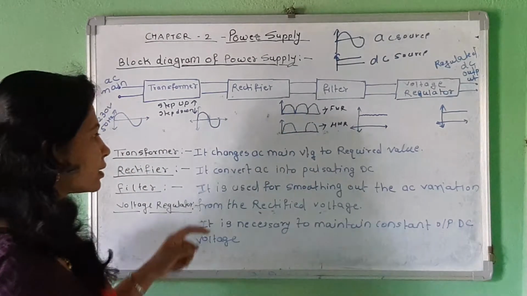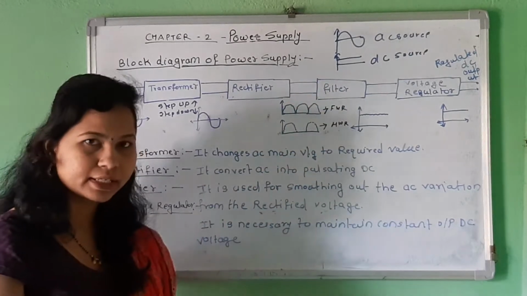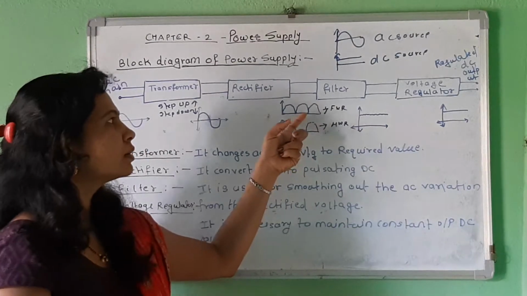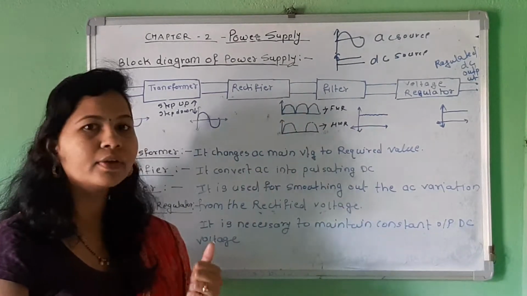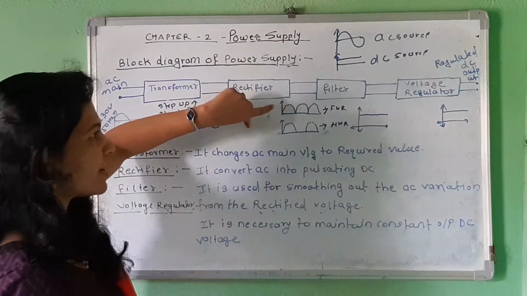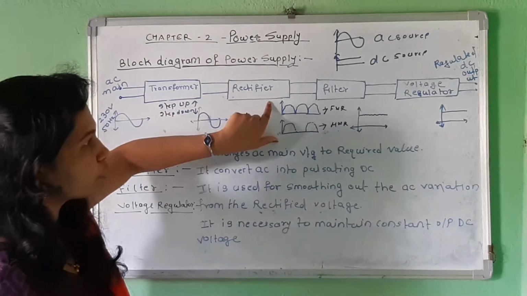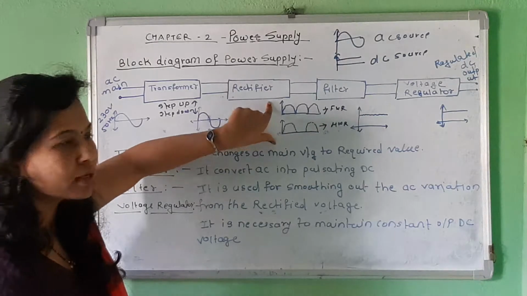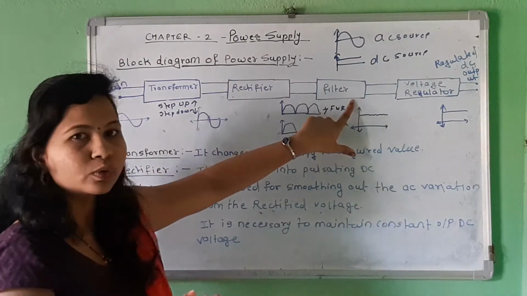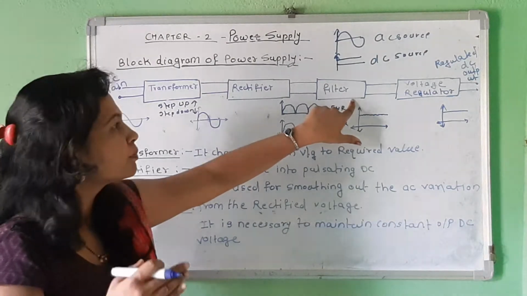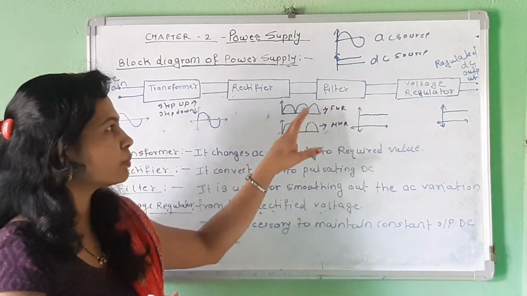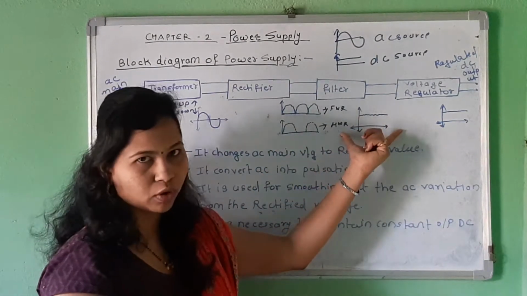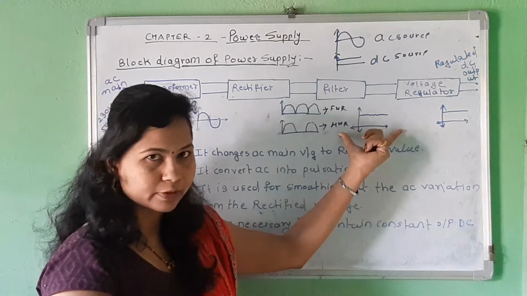Next is the filter circuit. Filter circuit is used to smooth out the pulsating DC voltage or AC variation. In this waveform there is some variation or noise, so the filter is used to remove that noise and those variations from the AC voltage, and it gives us a smooth DC voltage.